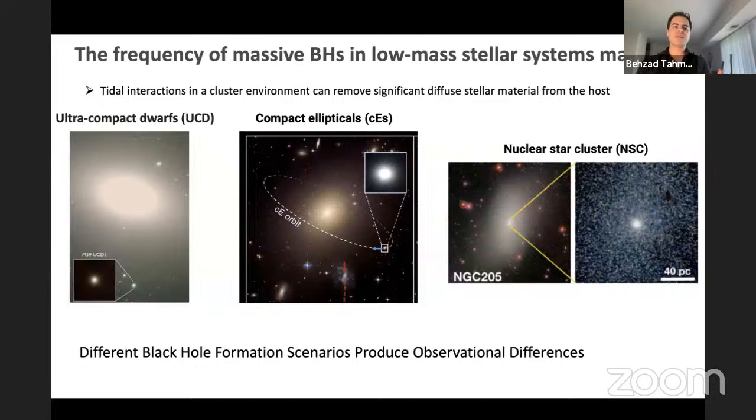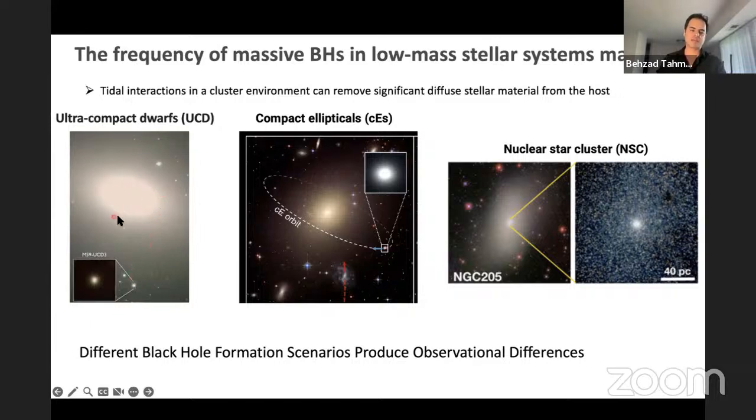So the answer is in compact stellar systems. Here I listed a few compact stellar systems that we are working on, three examples. They are low mass, and the first is UCD, or ultra compact dwarf galaxy. They are basically smaller than a regular dwarf galaxy, with a diameter of around 10 to 100 parsecs, and they are more massive than the Virgo cluster.